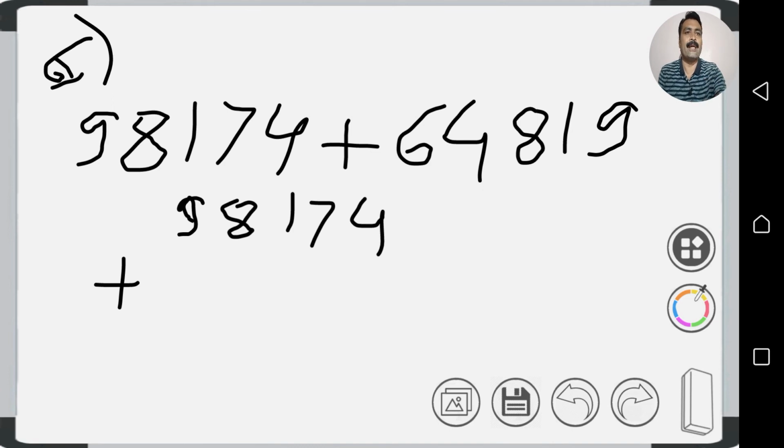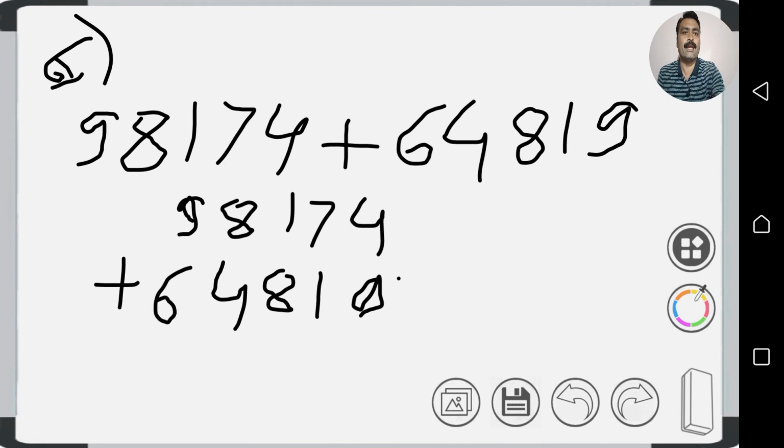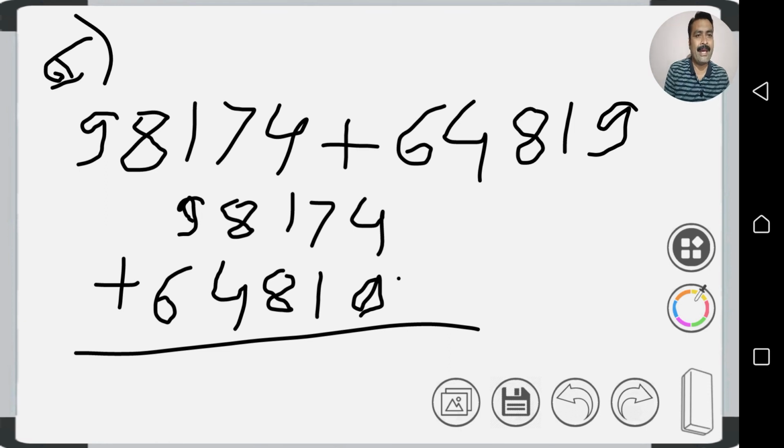So that 9 I am keeping below 9. Thereafter 1 we keep below 7, 8 we keep below 1, 4 we keep below 8, and 6 we keep below 9. So this is the proper vertical arrangement.